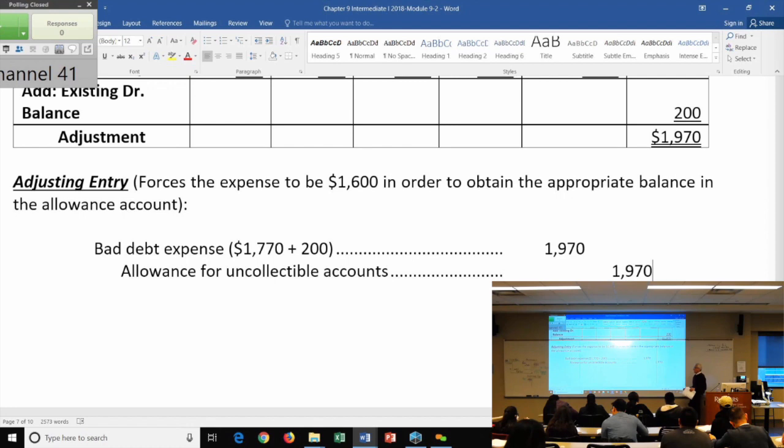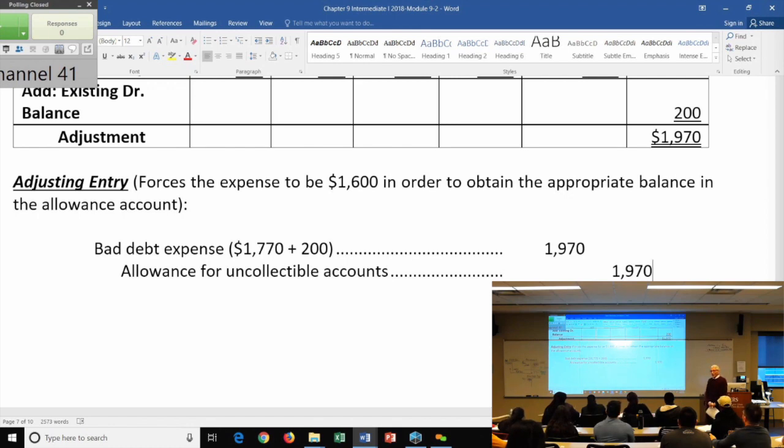So, getting back to lots of questions I'm having. What do you mean by forcing the expense? Well, by trying to reach a target balance of 1770, what happened to the expense under my second assumption, scenario B? The expense went up to 1970. What happens to the allowance account?